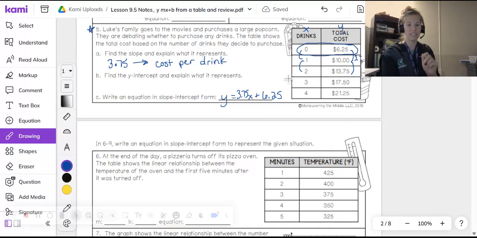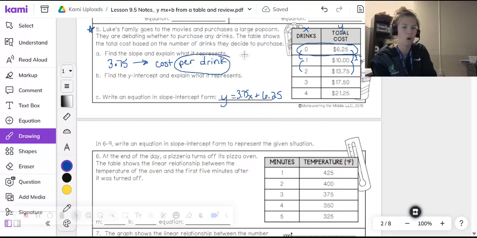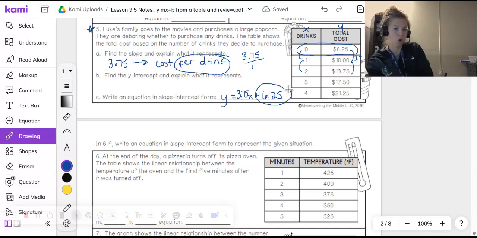You can relate that slope to the amount it changes per additional drink you order. You often see that written as per drink, and that's for one, because it's $3.75 for one drink.